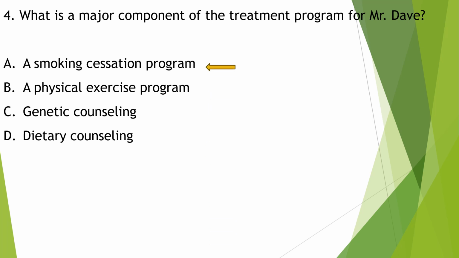Exercise and diet are important. Genetic counseling is not a part of our treatment program for these lower airway disorders, especially COPD and asthma. So here smoking cessation is a major component of the treatment program.